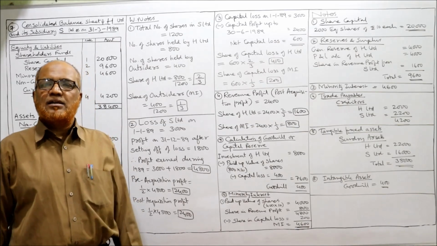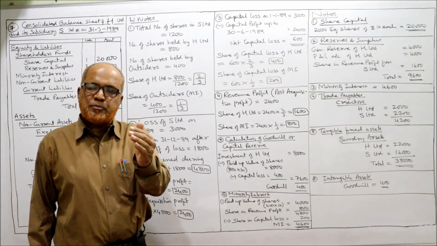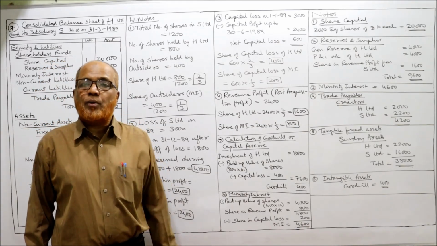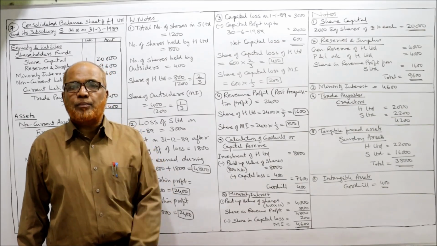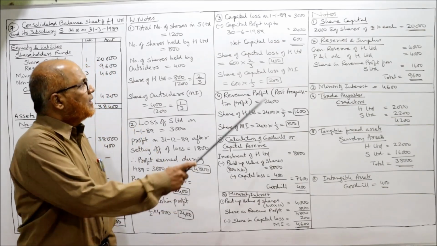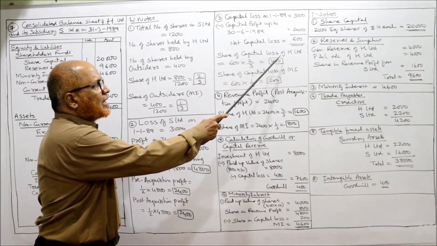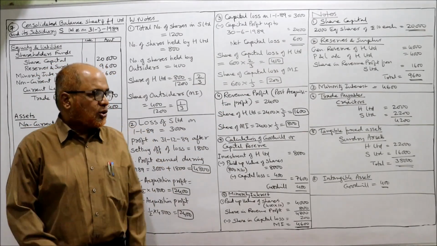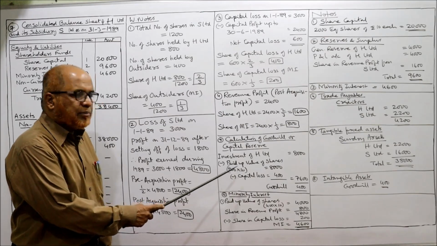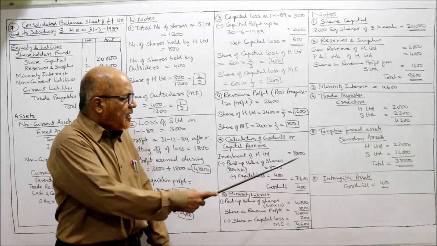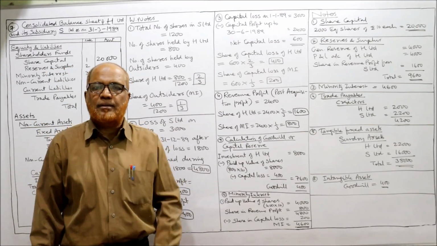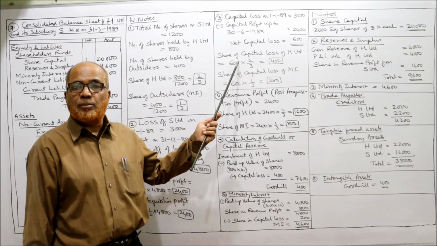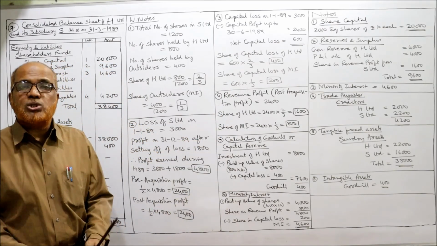From this we deduct paid up share capital and capital profit. But we don't have capital profit, we have capital loss. Share of capital loss of H Limited 400. अगर capital profit रहता था तो paid up share capital plus capital profit दोनों को add करके cost of investment में से minus है. But we don't have capital profit, we have capital loss.